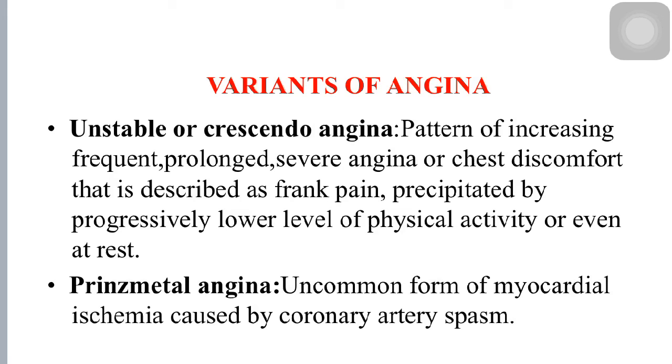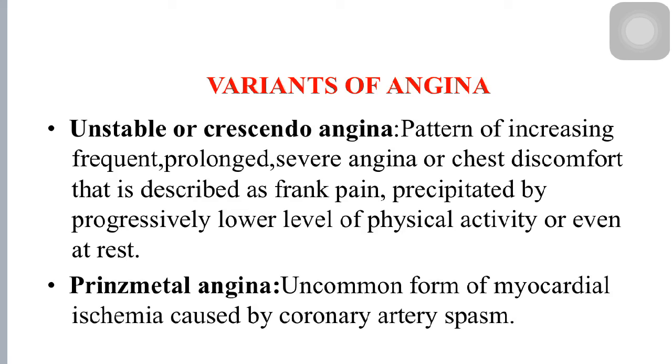Now, in a nutshell, regarding angina, angina is nothing but a myocardial ischemia which is insufficient to cause myocyte necrosis. Then there are three variants of angina: stable, unstable, and Prinzmetal.